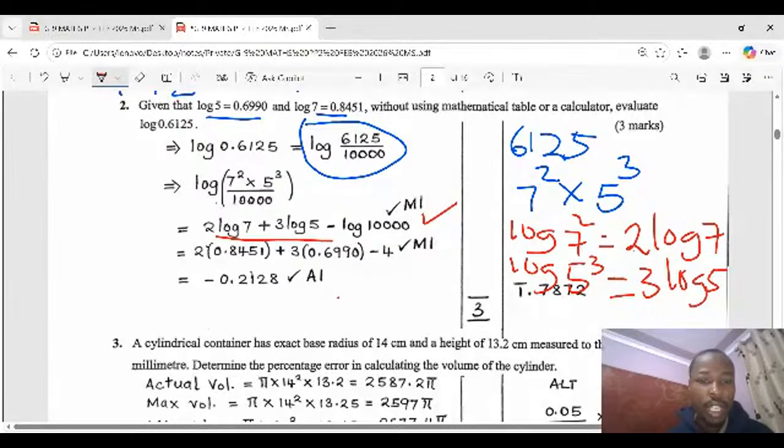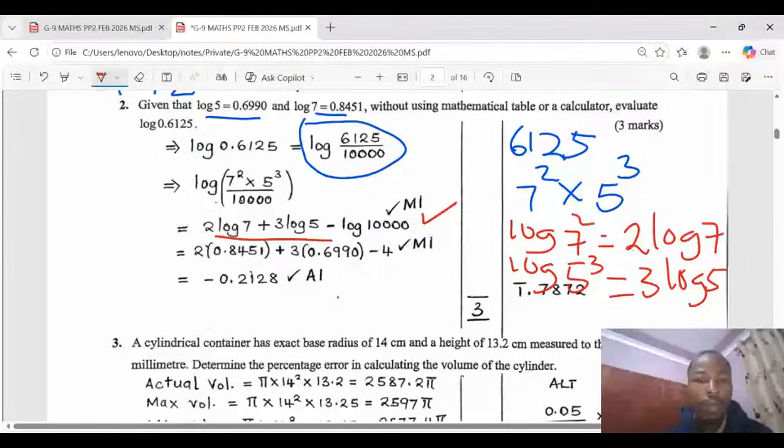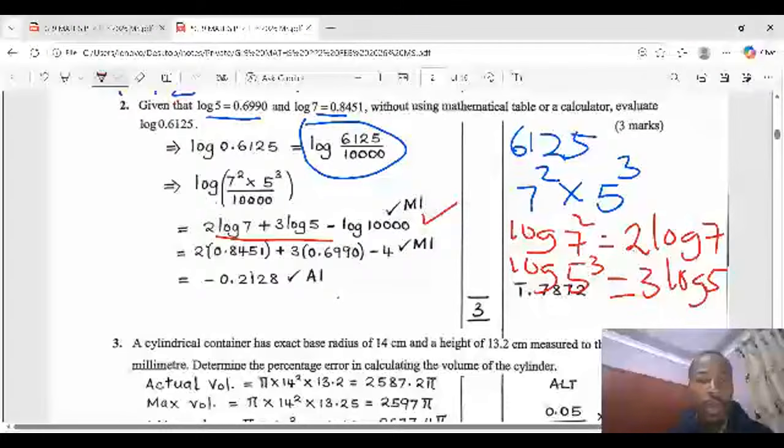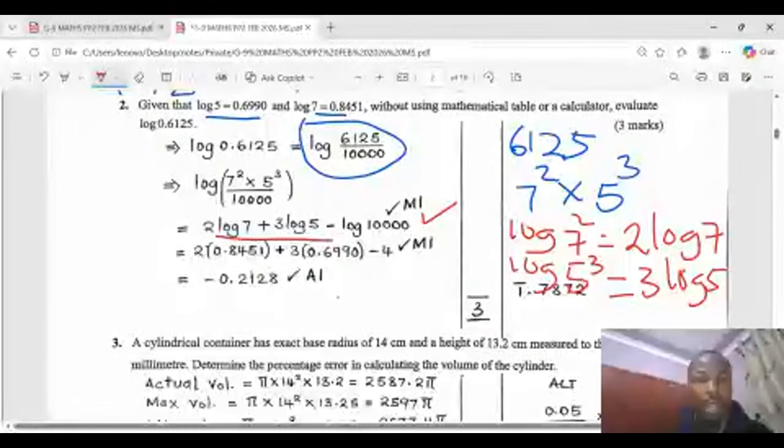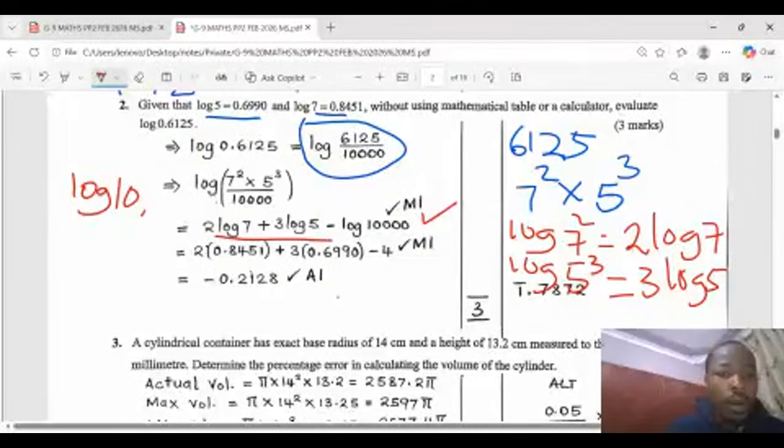We don't change 10,000 because it has an exact value. So we have 2 times 0.8451 plus 3 times 0.6990.